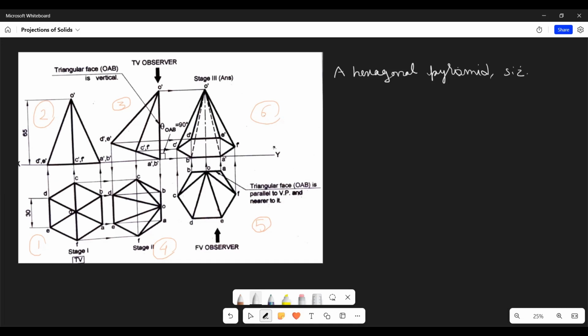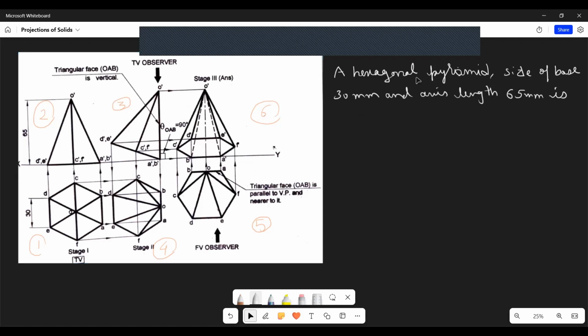Side of base 30 mm and axis length 65 mm each. Now, when we can write a question by looking at this first stage solution, we can also draw this first stage solution by reading the part of the question.